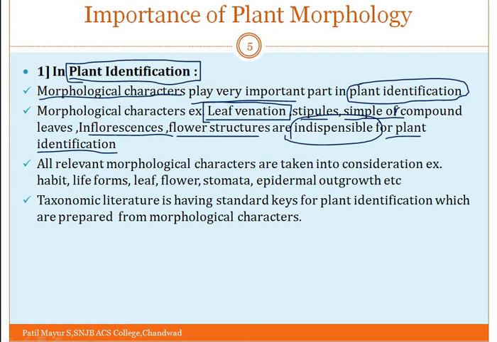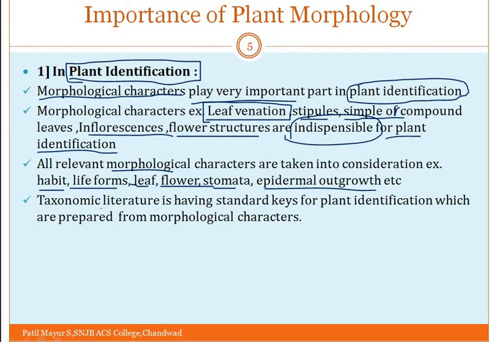Then all the relevant morphological characters are also considered, like habit and life forms, whether terrestrial, aquatic, algae, or other life forms. Then leaves, flowers, stomata, epidermal outgrowths. All these characters help us to identify a particular plant.